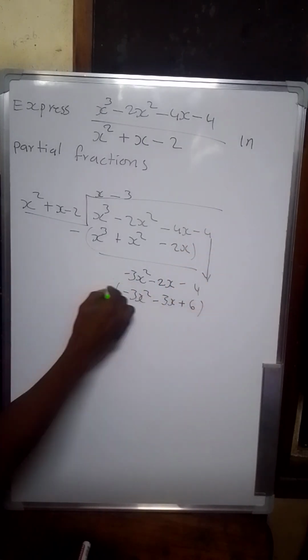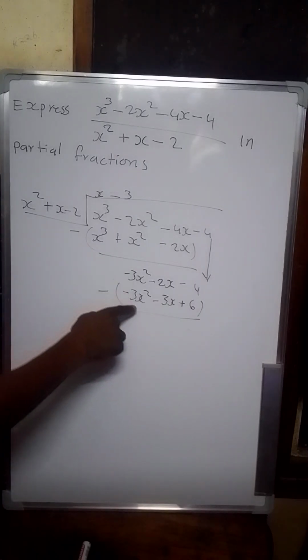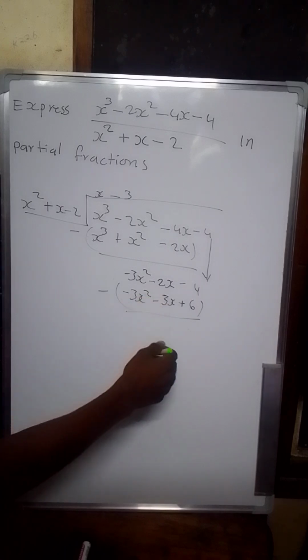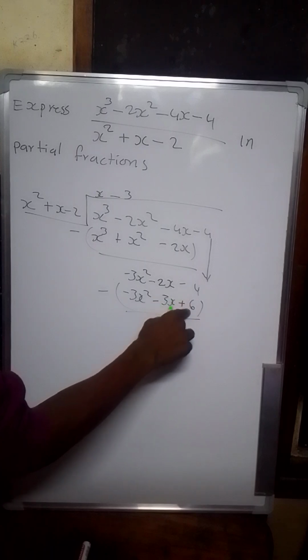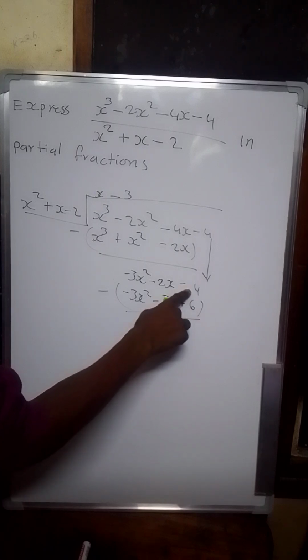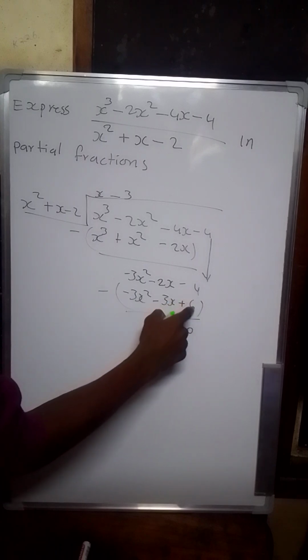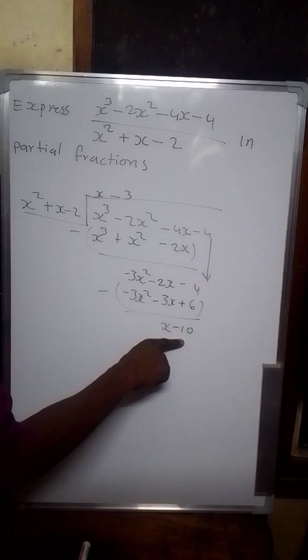Then we subtract here. This will give us 0, and this is positive, so positive and negative will subtract, so we're going to have x. Then this is negative, negative and negative add, so this is negative 10, so 4 plus 6 is negative 10, so this means that this is the remainder that we have.